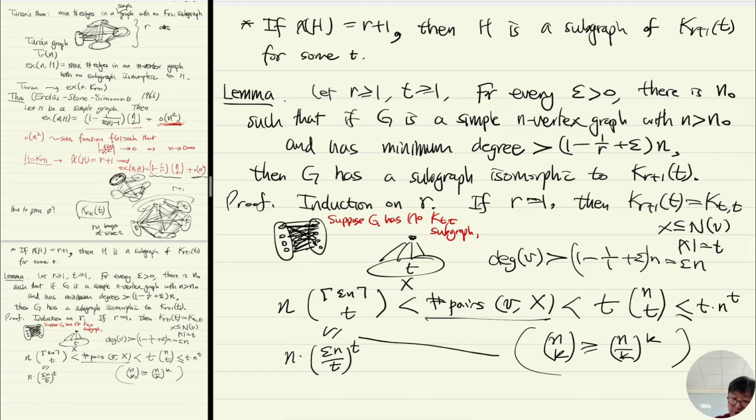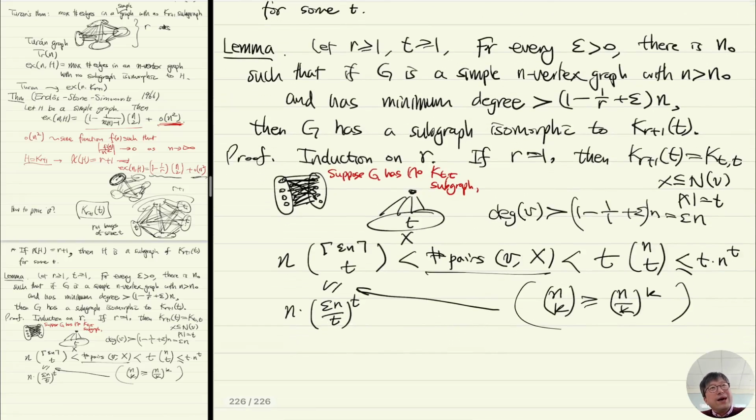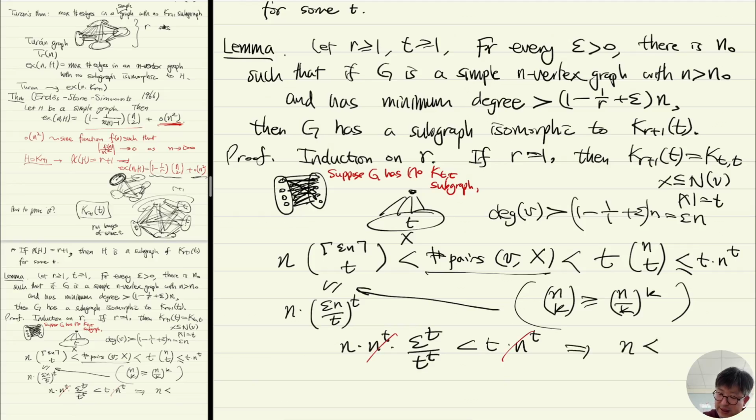I'm using this inequality. So what do we have here? n times n to the t times epsilon to the t over t to the t is less than or equal to t times n to the t. And if we cancel these things, then what we end up with is n is at most t times t to the t over epsilon to the t.